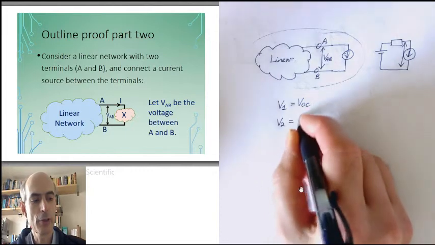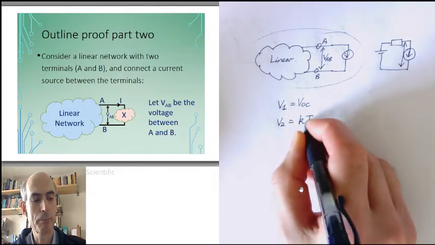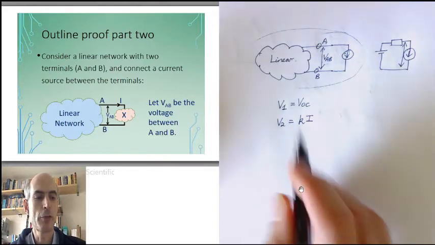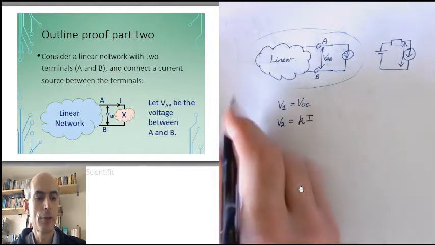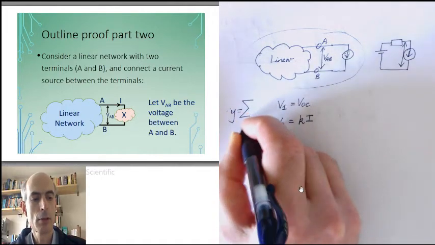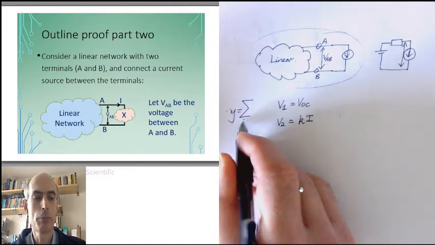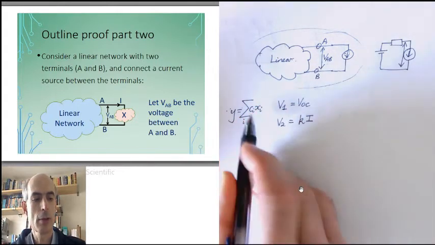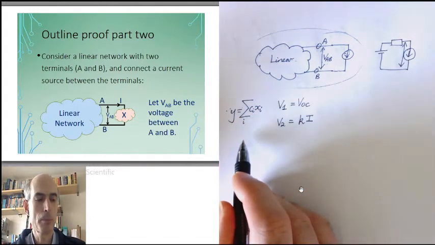I could write it as K times I. It's just a consequence of the general definition of a linear circuit, that its output, Y, must be the sum over all the possible inputs of a constant times each individual input.